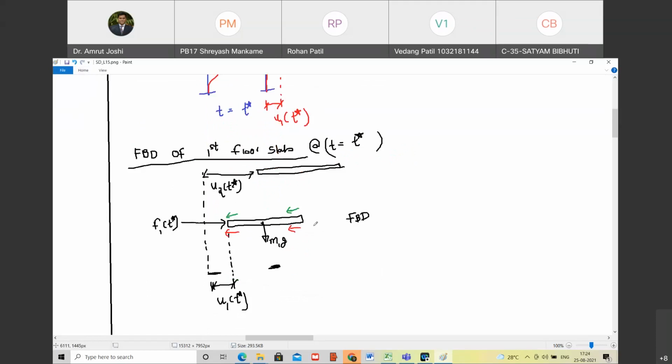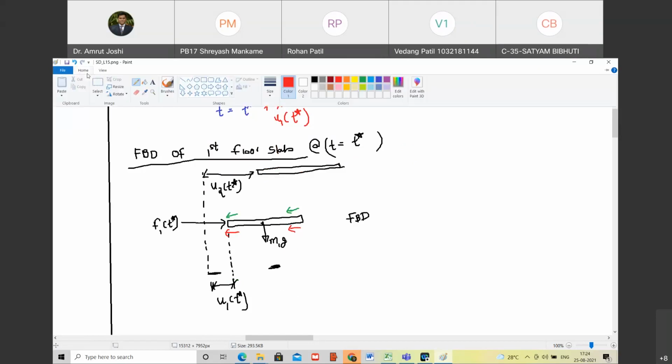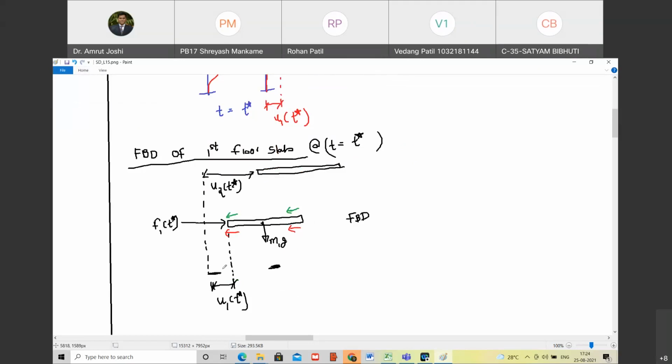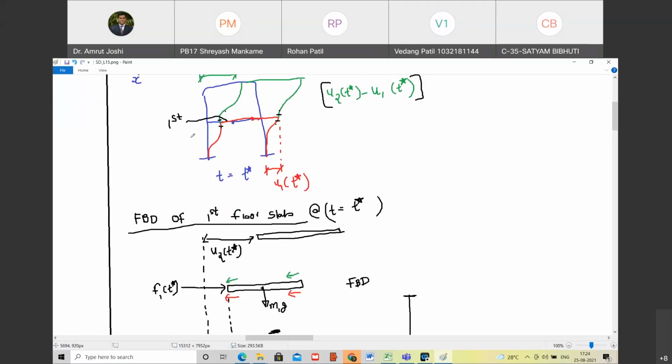So let us try to first write down the reactions that I have marked in red. Happy? Yes, sir. So this is the column. Happy? Yes, sir. The height of the first story, let us call it H1.